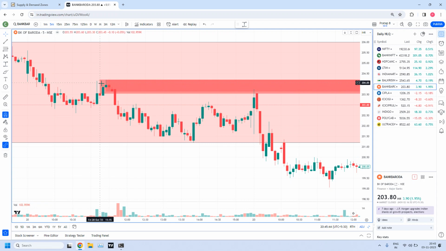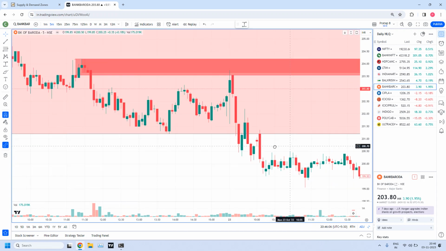Okay, so this is a 5-minute zone, and the little extra zone we are getting is 15 minutes. The fine tuning is mainly for managing the risk, but the disadvantage with fine tuning is that sometimes we may miss the entries. That is also possible. But anyway, here already one test happened.